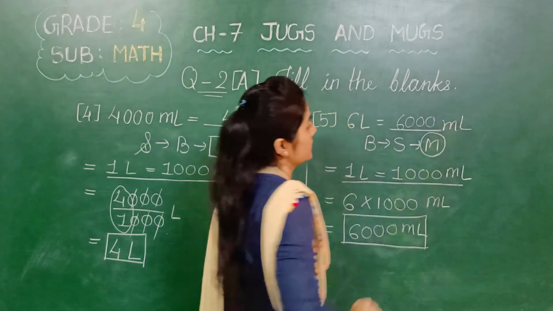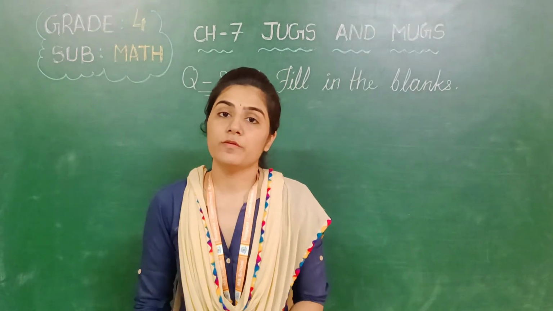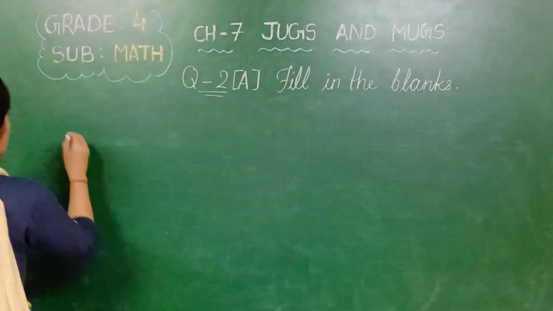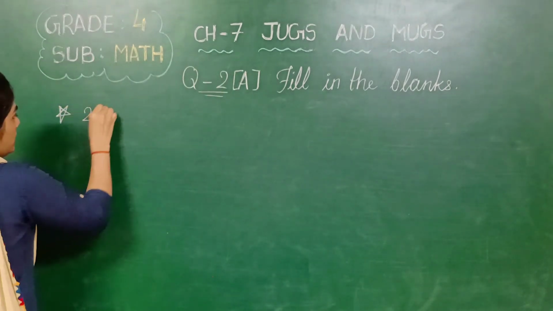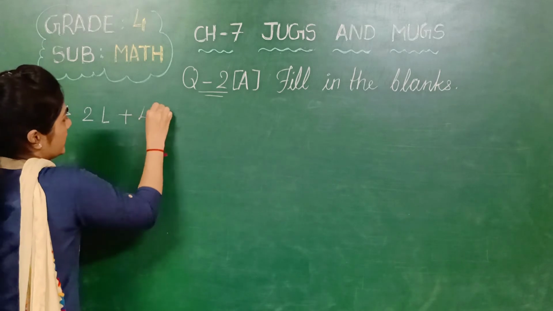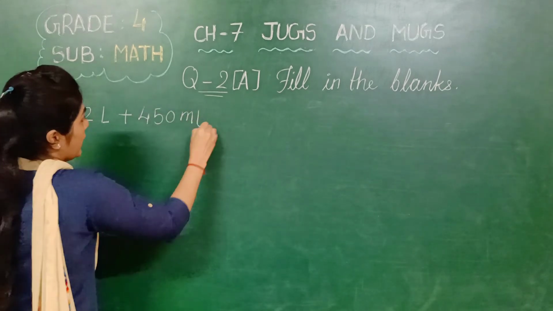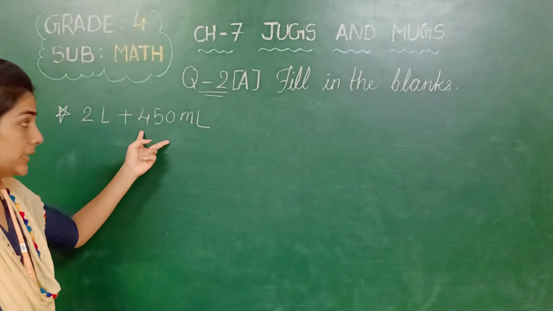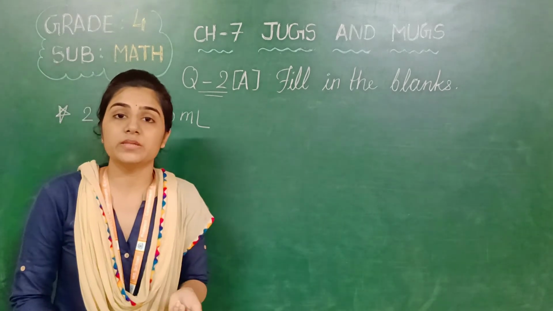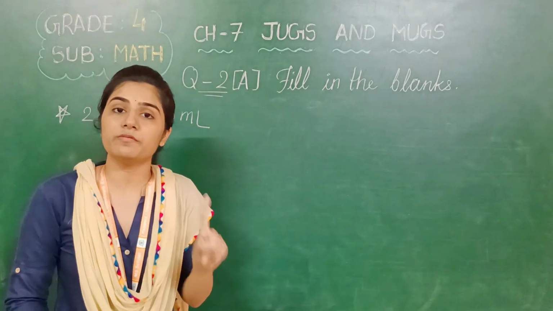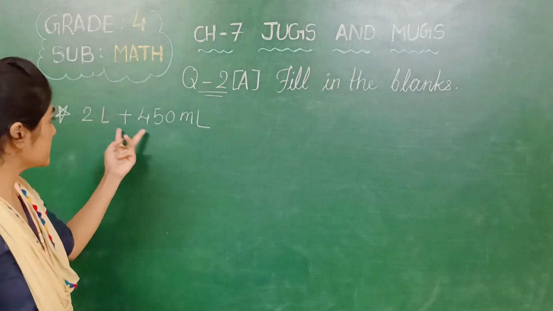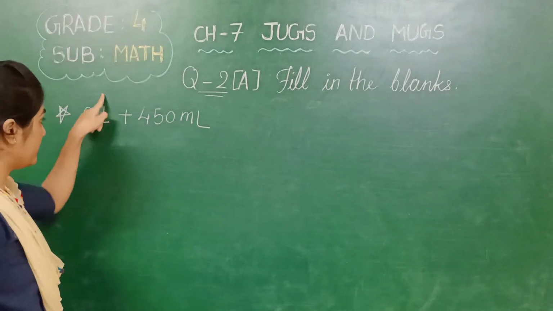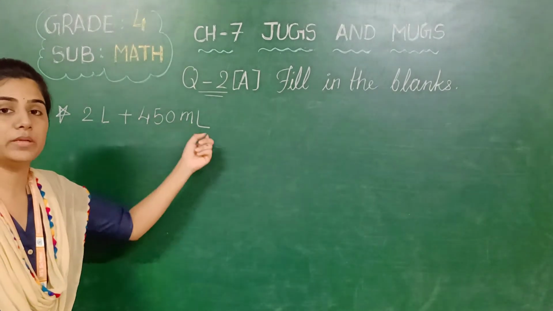6000 milliliter. Now one different example is given in your workbook page, which is 2 liter plus 450 milliliter. Now how to do this kind of sum? In the previous sums we saw that only one unit was there in one number. Now in this, 2 numbers are given together with different units, liter and milliliter both.